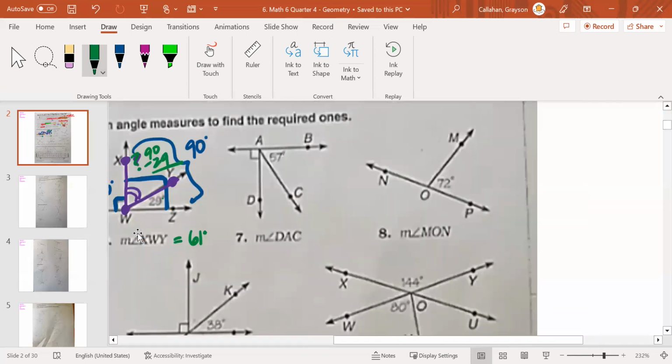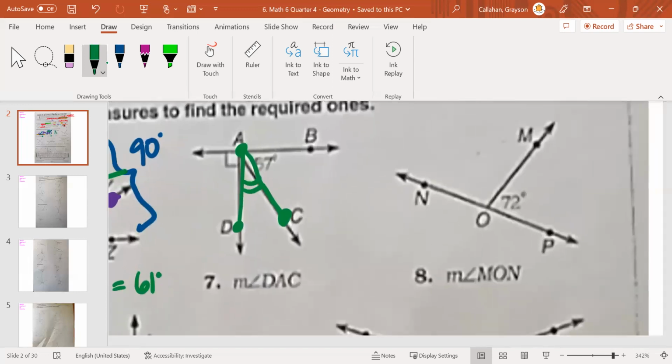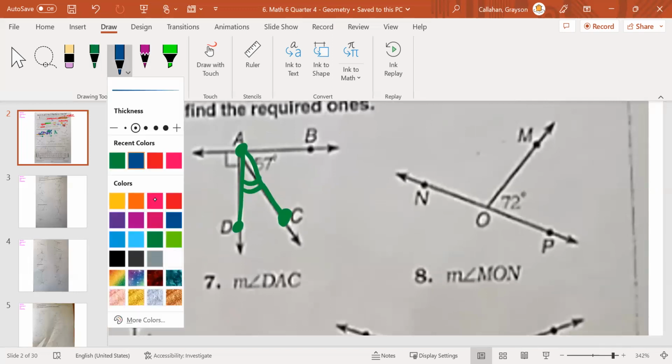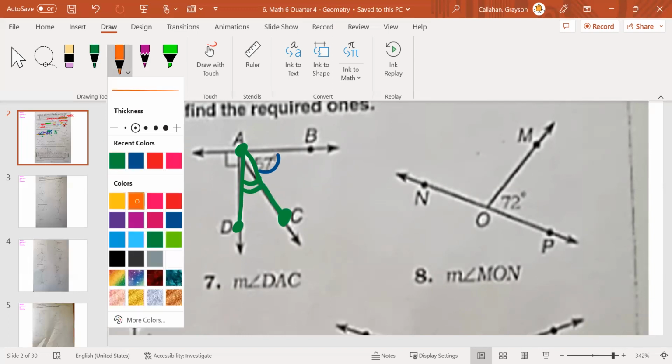All right, number 7, DAC. DAC. And make sure you do that so that way you know which angle you're looking at, okay, with your pencil. That's a strategy. Do you see that? All right, so what is a hint that you automatically see? What just pops at you? Yep, and what else? 90 degrees.